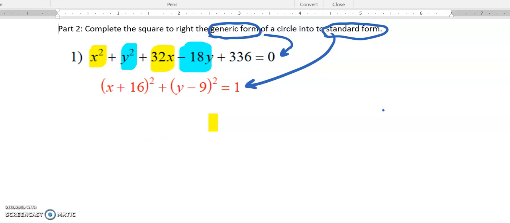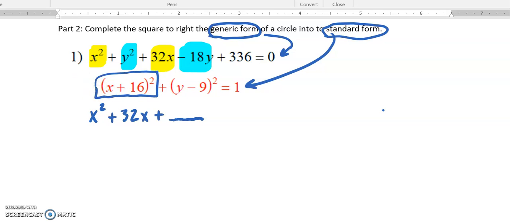So when I do this, I'm going to get x squared plus 32x plus, I'm going to leave it as a blank. As you notice, what we have here in the standard form is these are perfect square binomials, which is what we're writing in the other video.